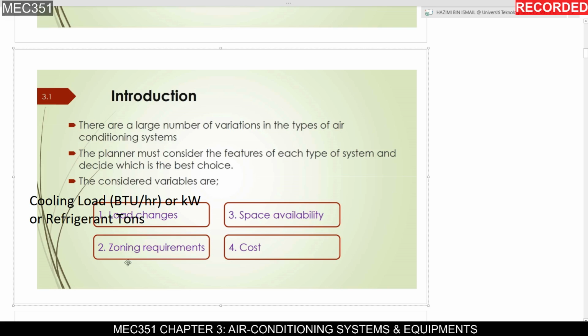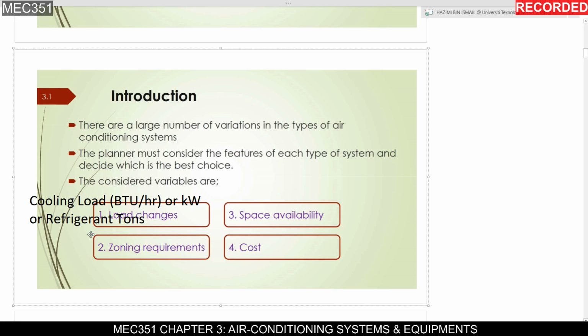Okay, the second one is the zoning requirement. Some spaces in a building need certain requirements, such as if you are in a hotel room, the requirement will be different compared to a classroom or a shopping complex.